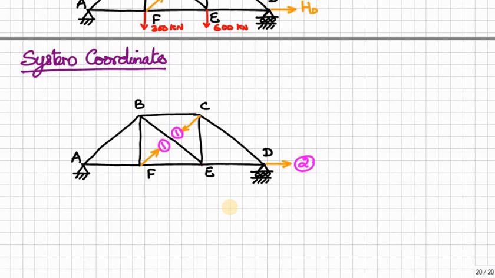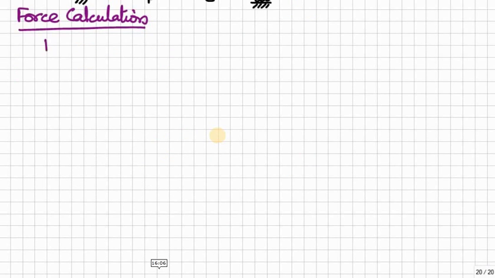Out of those methods, the method of joints is what we are going to use, a very simple method. The tension is taken as positive and the compression as negative. So this is the sign convention we are going to follow.